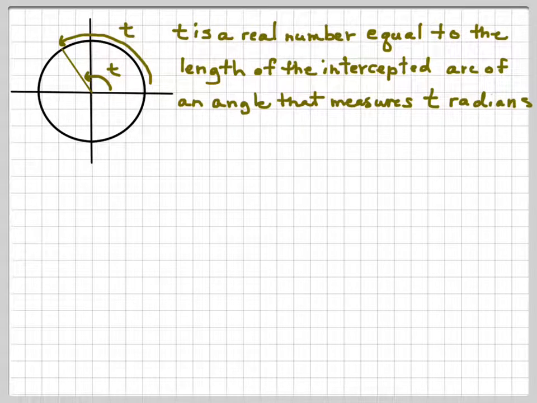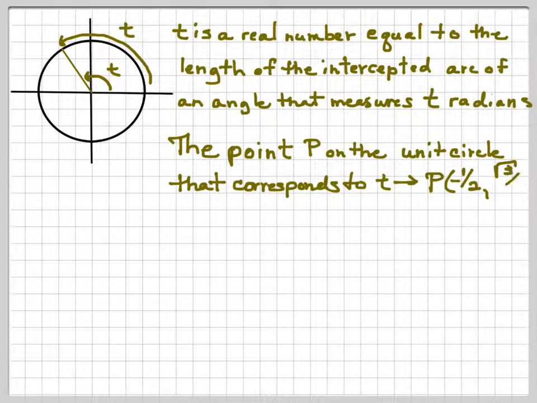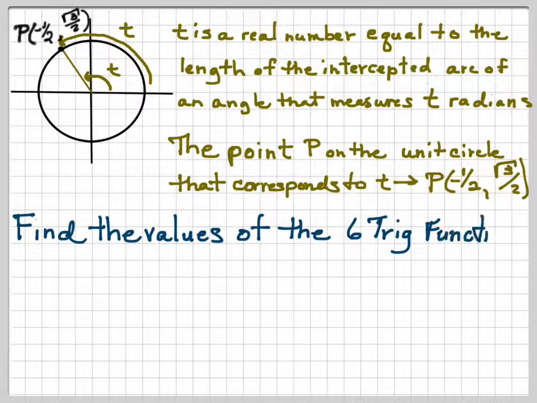I'm just repeating that from the last slide. The point P on the unit circle that corresponds to t, in this case, P is going to be negative 1/2 and square root of 3 over 2. So we'll put that up there. That's point P. We want to find the values of the 6 trig functions given this information.